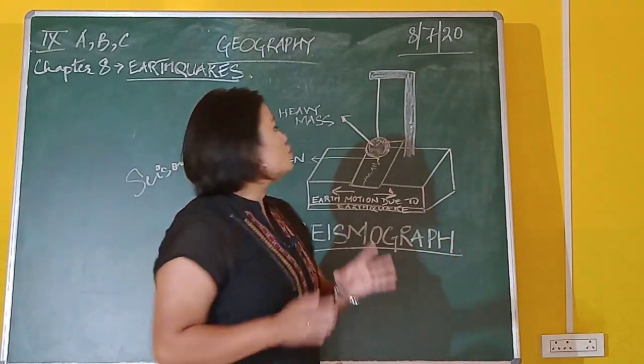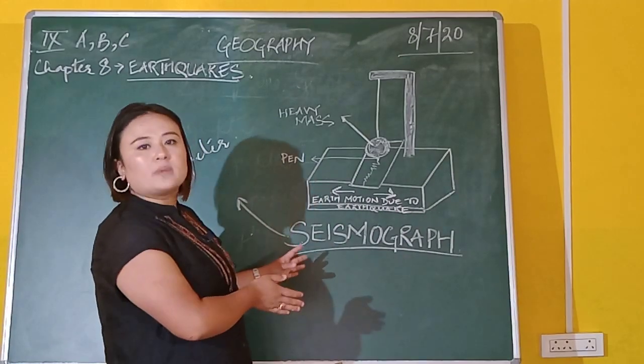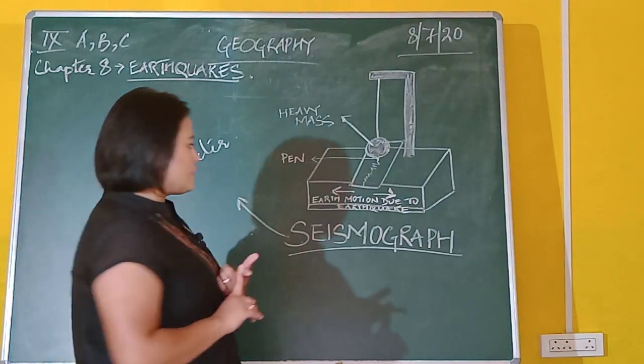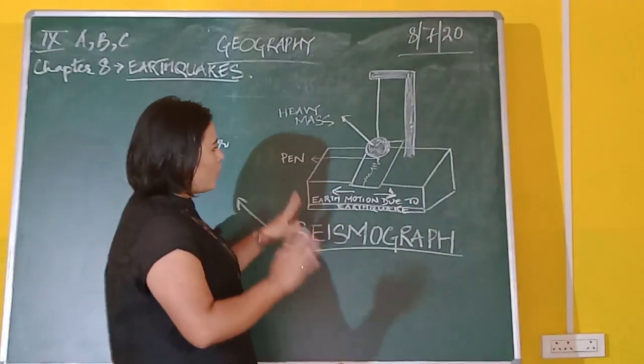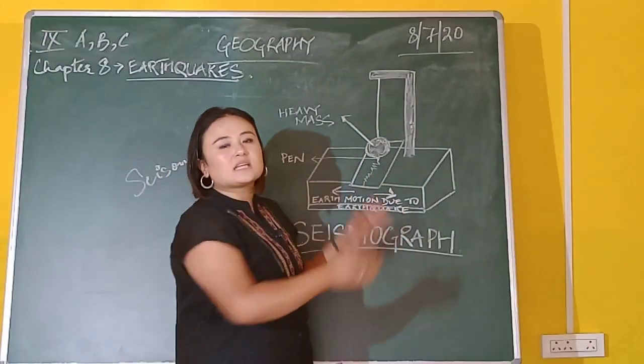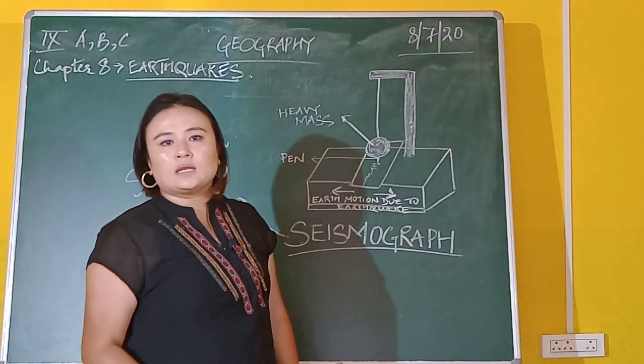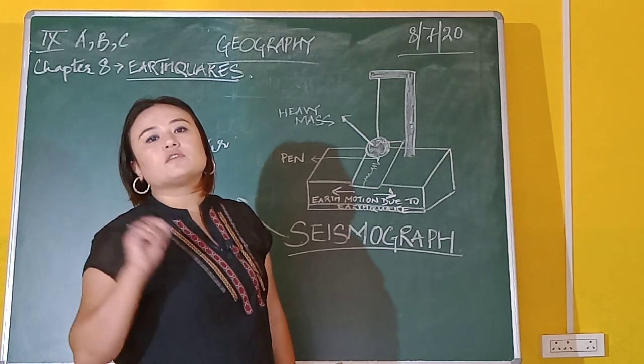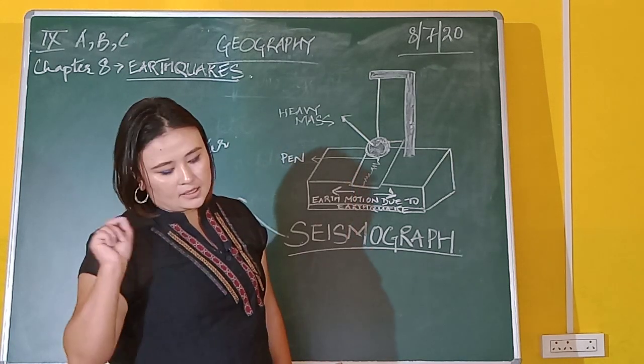Is that clear? So this is your major instrument which you ought to highlight, and under this topic you ought to be aware of the definition of a seismograph. You ought to be aware of this diagram also, because sometimes they ask you to explain the instrument utilized in order to measure your earthquake with the help of a neat labeled diagram.